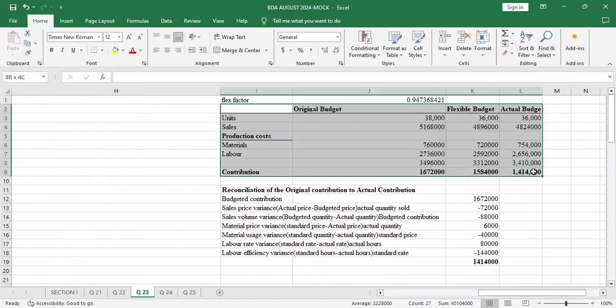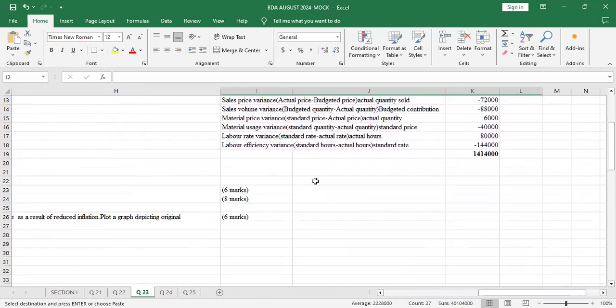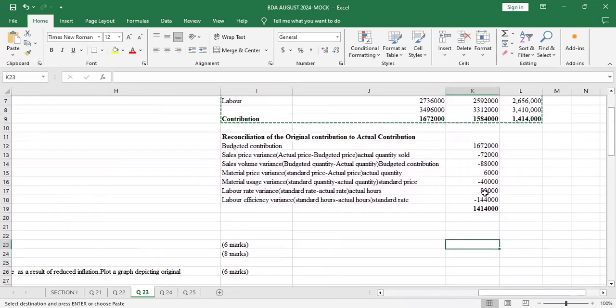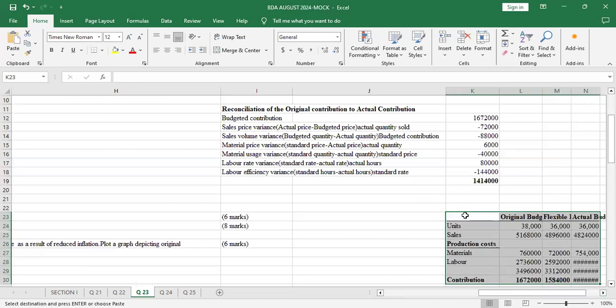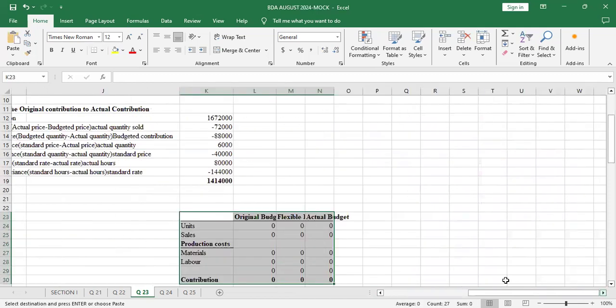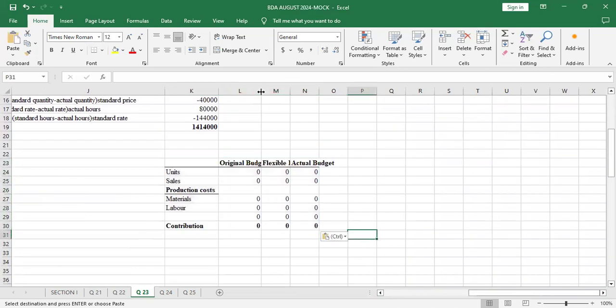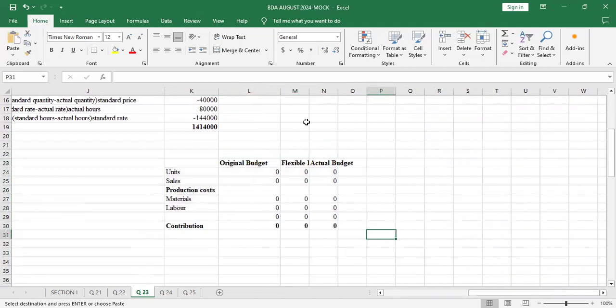Copy all that with Control C, then come here and paste it with Control V. Let me put it here. I think that's okay. Let me just increase the size of this.